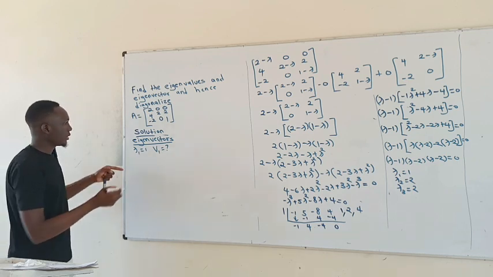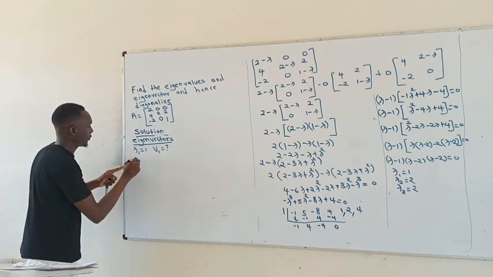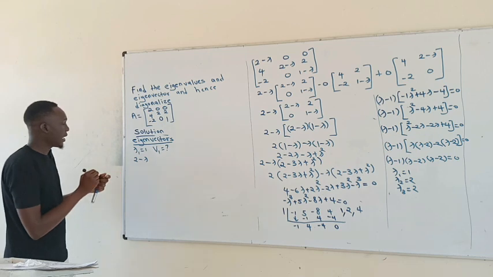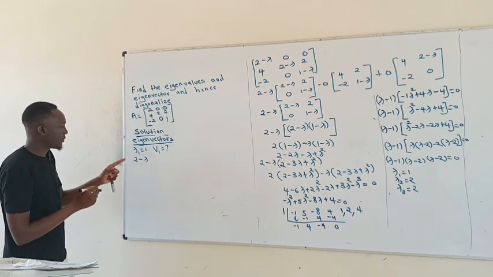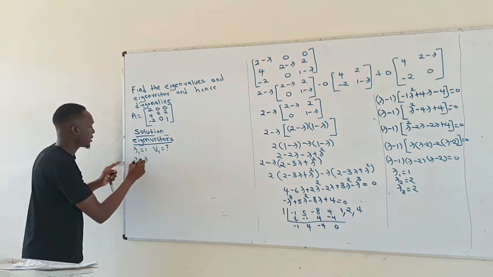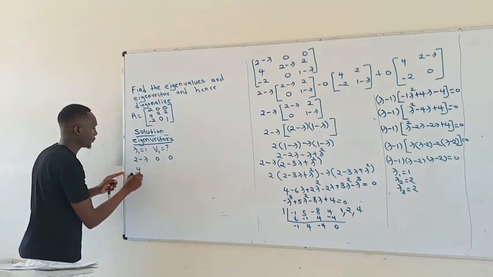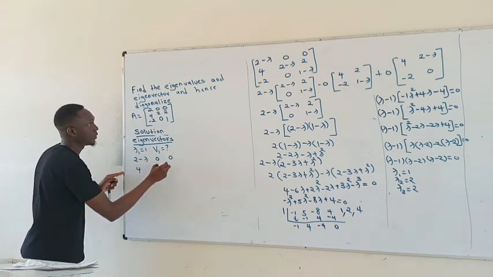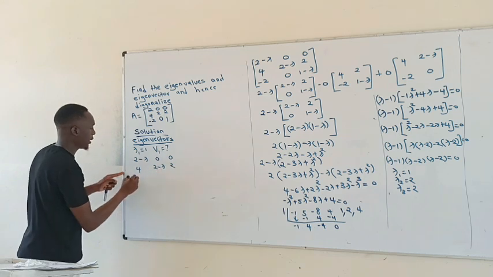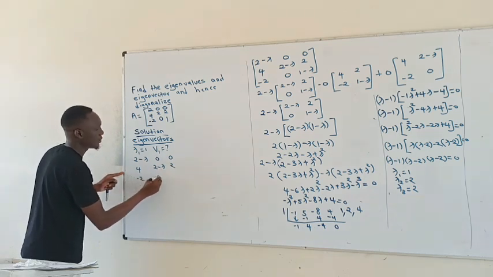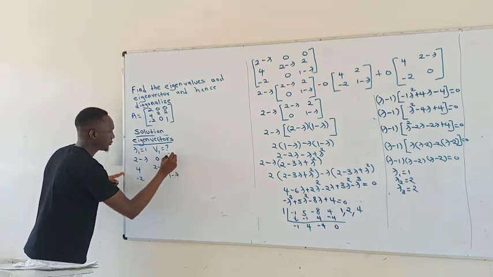Now using A minus lambda times the identity matrix, which is 2 minus lambda, 0, 0, 4, 2 minus lambda, 2, negative 2, 0, 1 minus lambda.